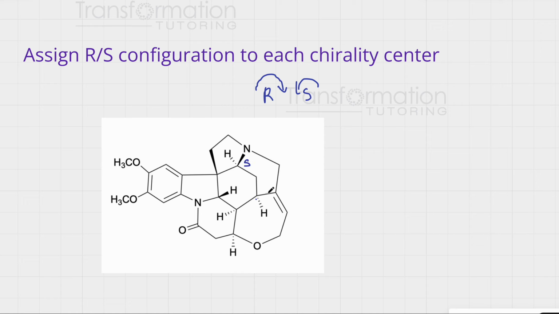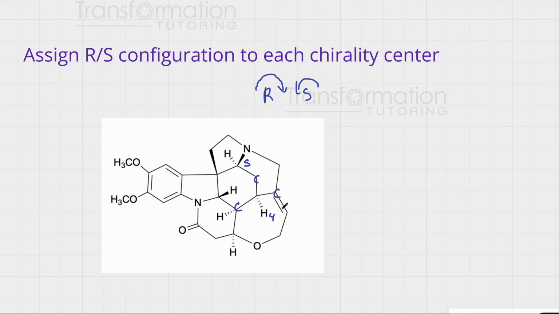Let's continue. This carbon has a hydrogen, and we can see that it has 4 different groups as well. If you're not sure, you can go atom by atom until you find a difference. So let's assign priorities. 4 for this hydrogen. I have carbon, carbon, carbon.